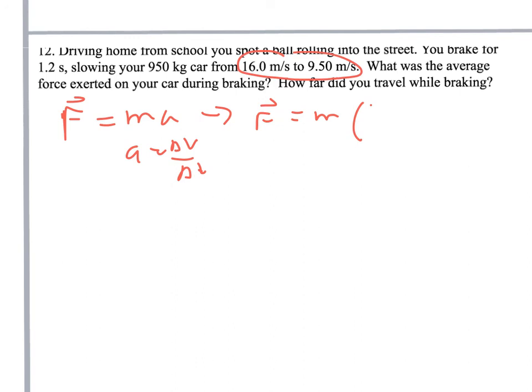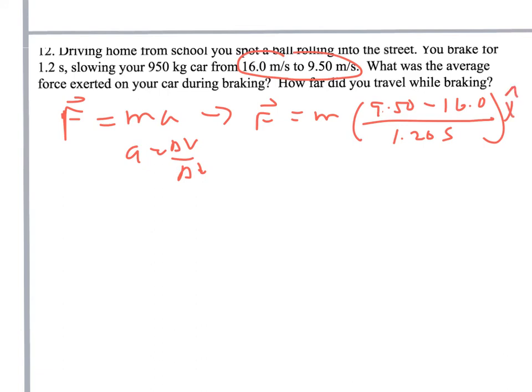So our delta v is going to be our final, 9.5, minus our initial, divided by that time value, 1.20 seconds, and this is in the x direction.